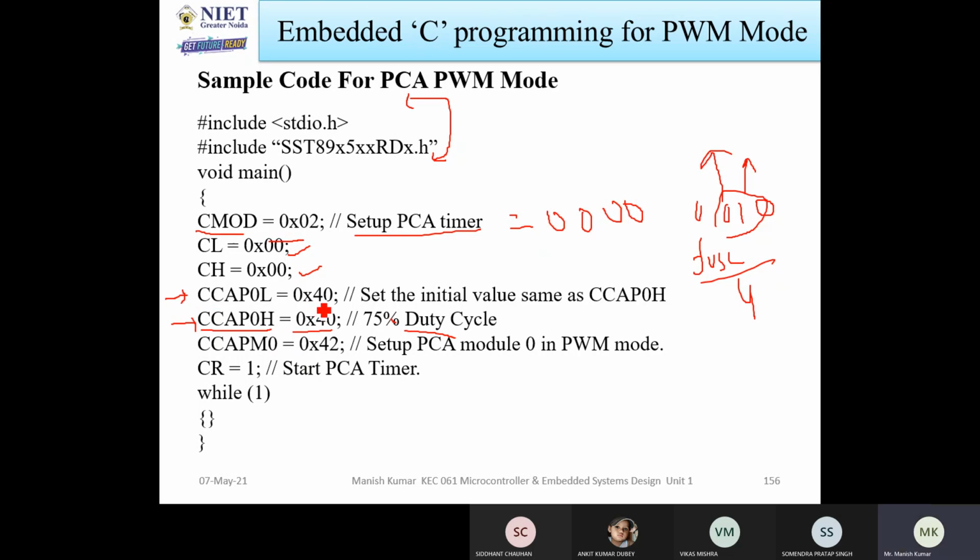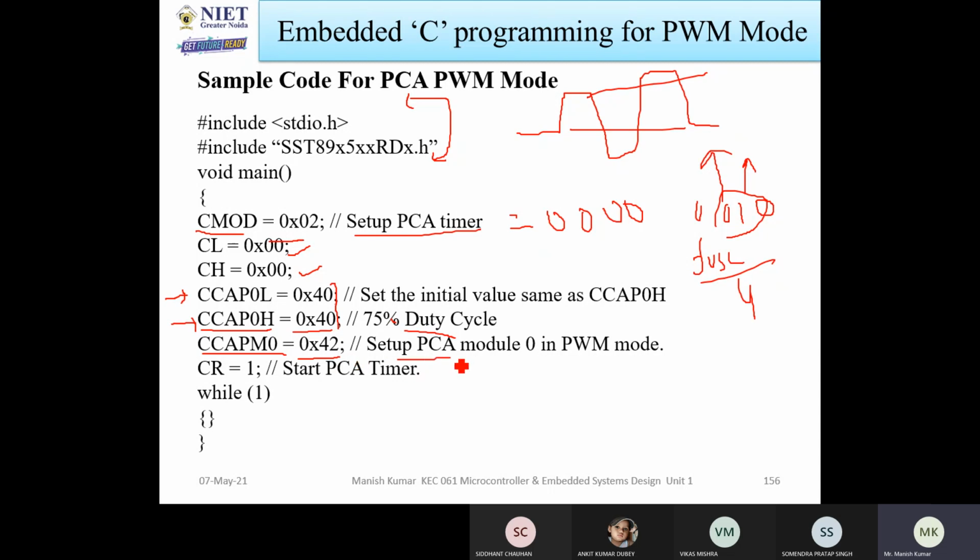Okay, so that's why both values will be equal. Otherwise, if you do not keep them equal, the waveform will be like this. Like this, this is not equal. Okay, so you have to start with equal. Now you have to put CCAPM0 register 0x42.